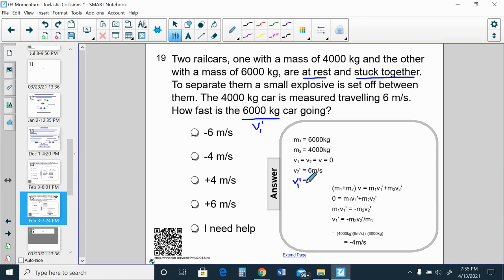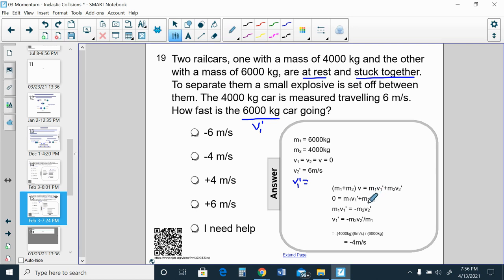Using the equation here, we have the total of the masses of both objects since they're stuck together times the velocity. The velocity is 0, so that side of the equation becomes 0. That is equal to the momentum after of object 1 plus the momentum after of object 2.